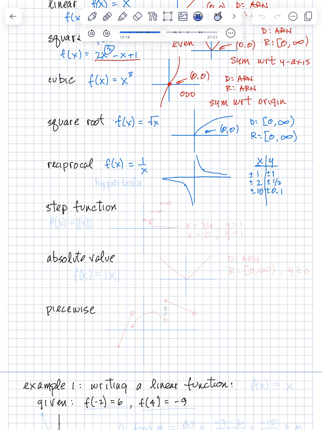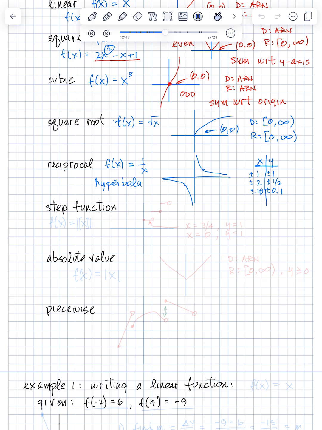Likewise, y equals 0, f of x can never be 0. And so they approach y equals 0 on both sides of the coordinate. And so the graph is called a hyperbola. And that's for the reciprocal.